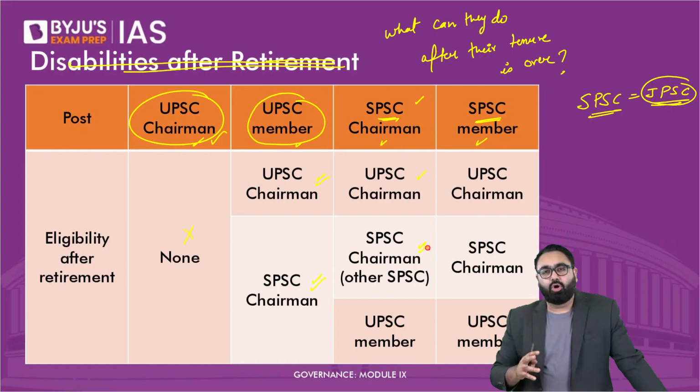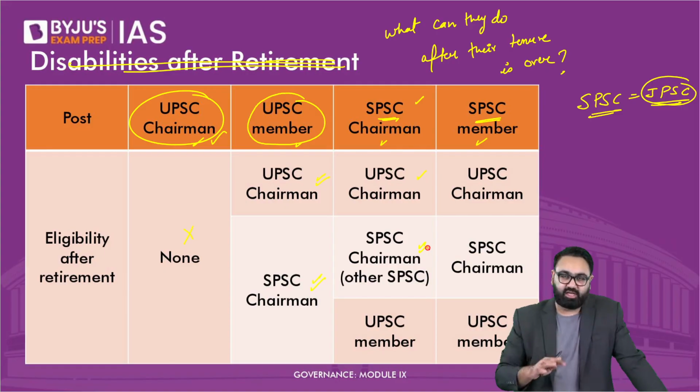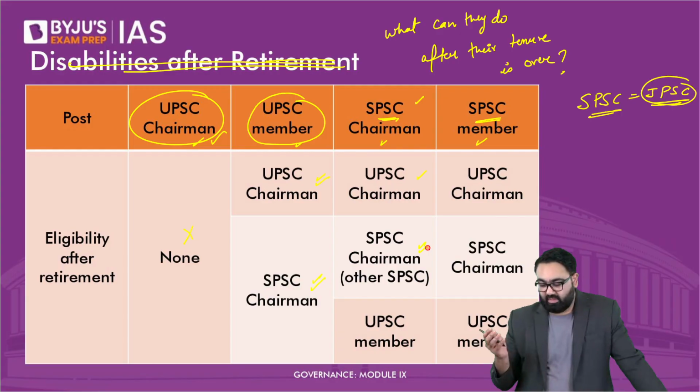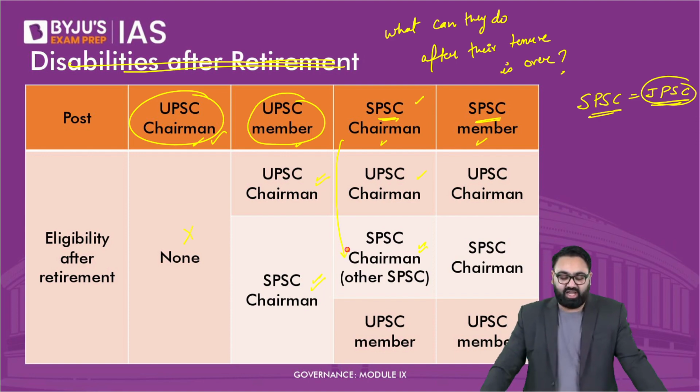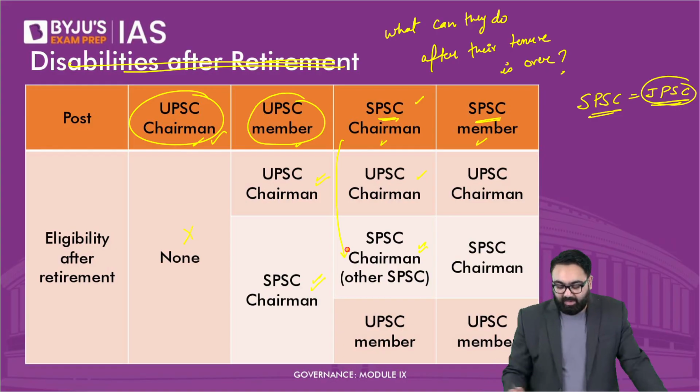You can go ahead and now become a chairman for Kerala state PCS or Karnataka state PCS or any other, Punjab state PCS, UP state PCS, whatever. So a state PCS chairman after retiring can have one more tenure as a chairman, but of some other state public service commission. Or they can become a UPSC member as well.